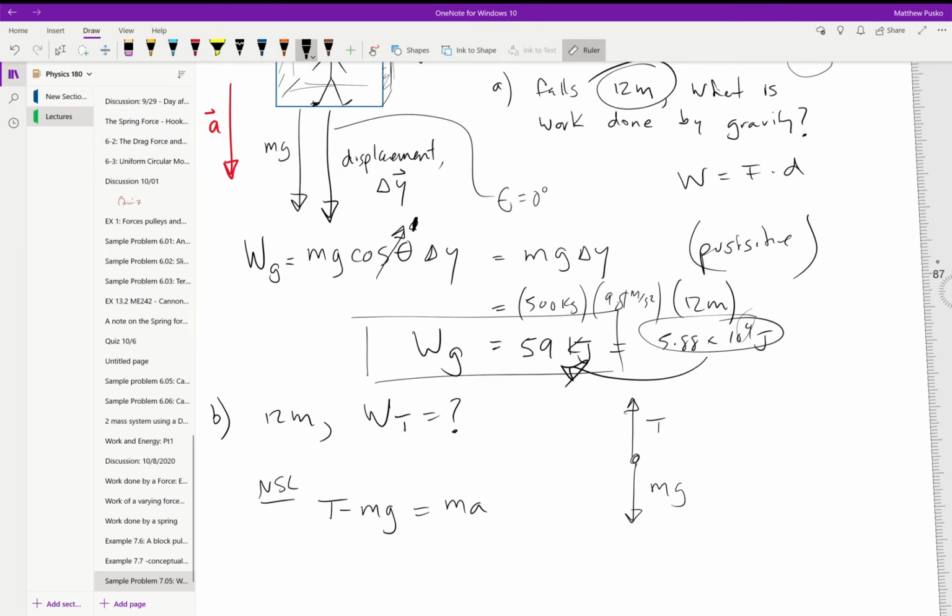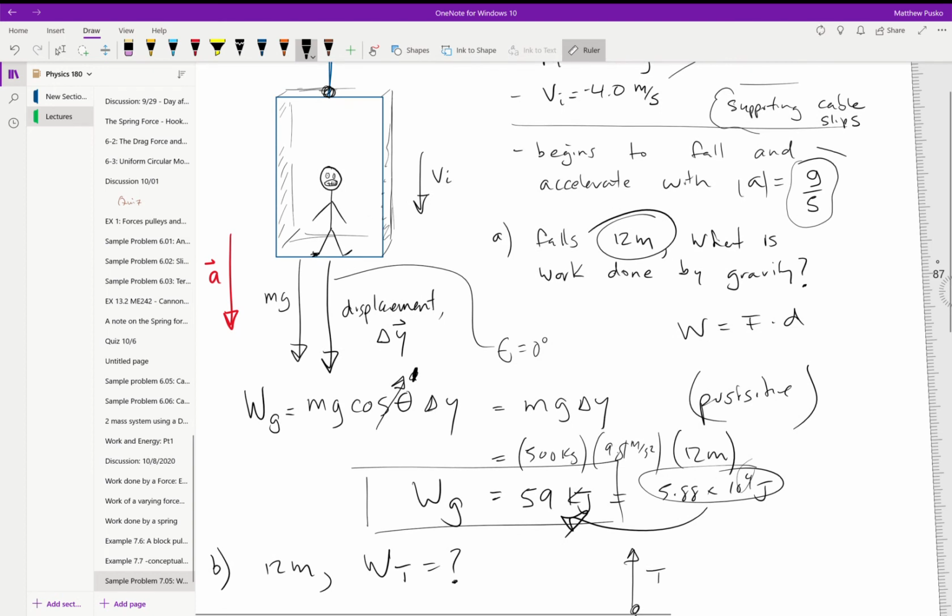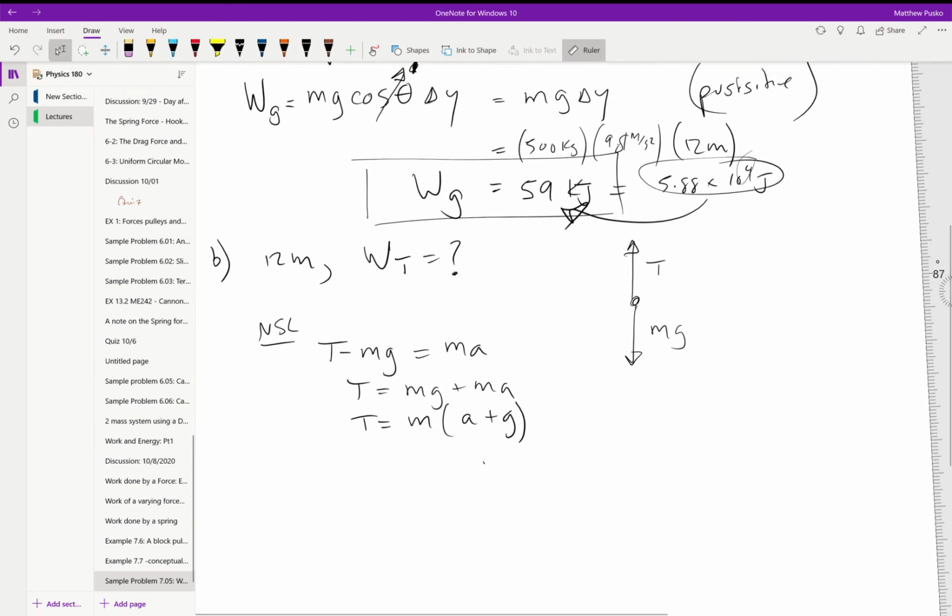We can arrange this and solve for tension. We get mg plus ma, or tension is equal to mass times a plus g. Now, they told us that it falls with an acceleration equal to g over 5.